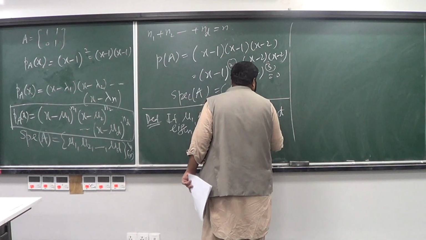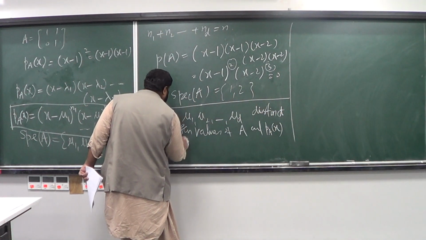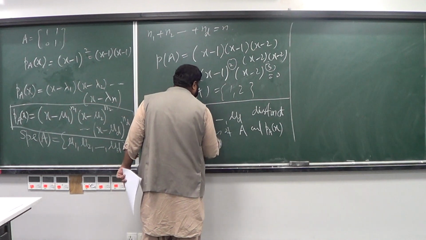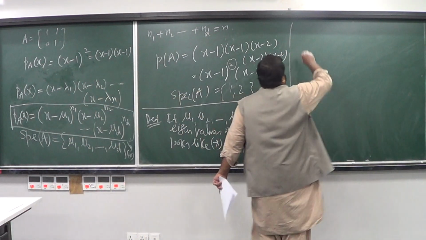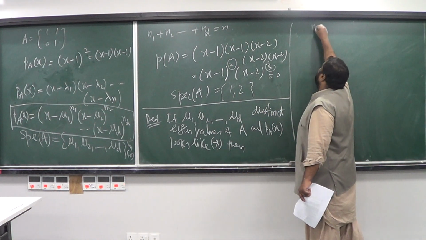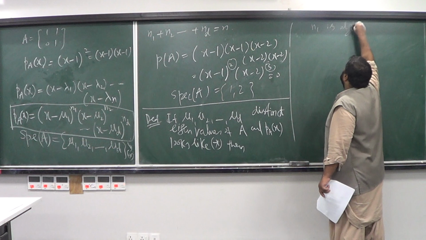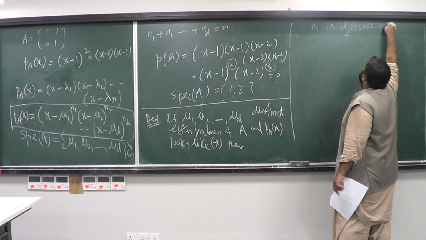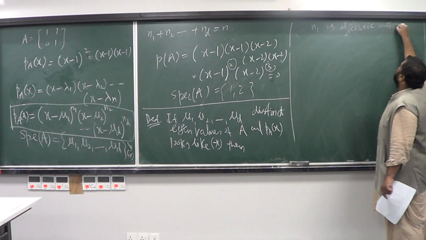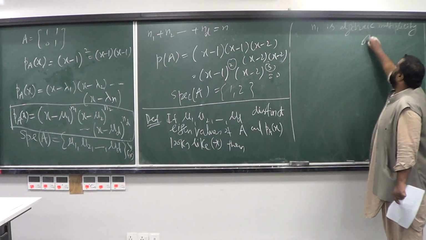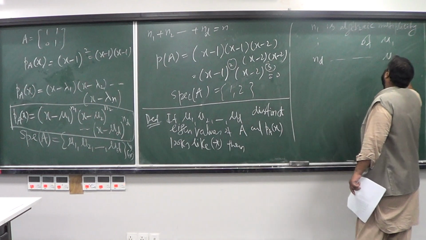And let PA of x look like star. Then n1 is the algebraic multiplicity of mu1, and similarly n_d is the algebraic multiplicity of mu_d.